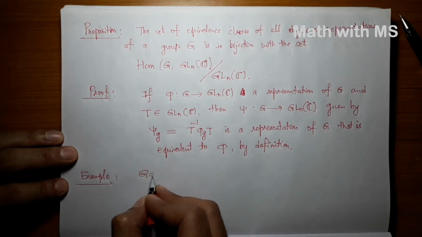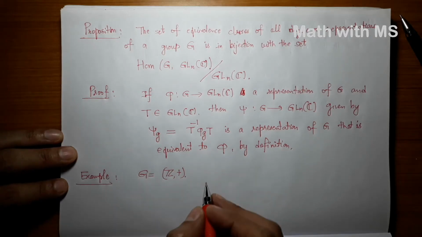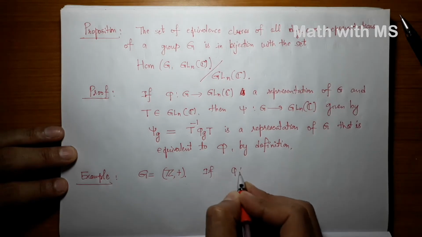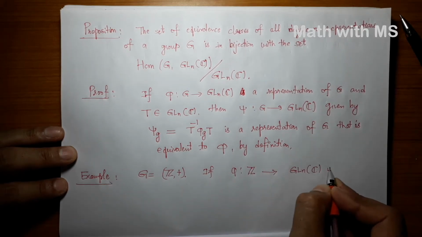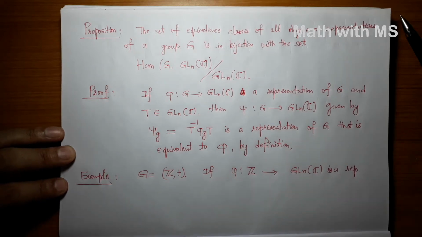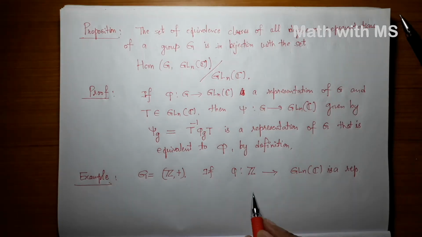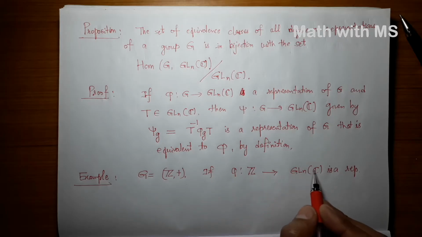Okay, all right, so let us see an example here. Let us take G to be the additive group of integers. If phi from the integers to GLnC is a representation, then what can you say about it? Since the integers form an infinite cyclic group, it is enough to define phi on the generator, which is the integer 1, and no choice is involved here.